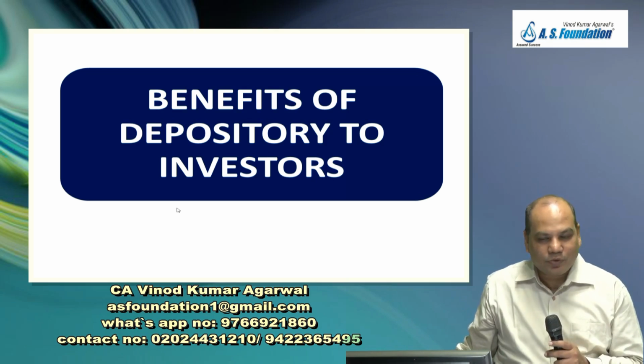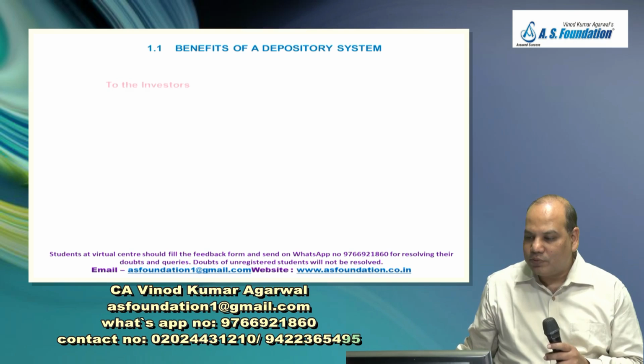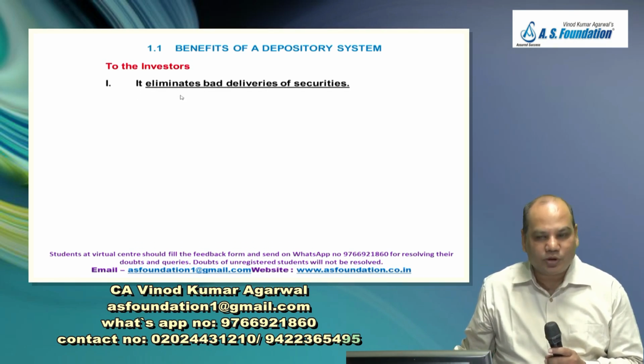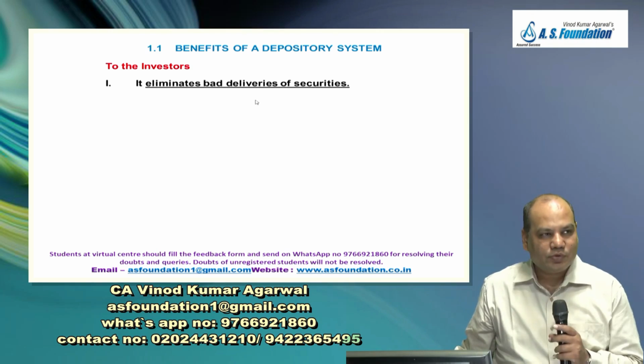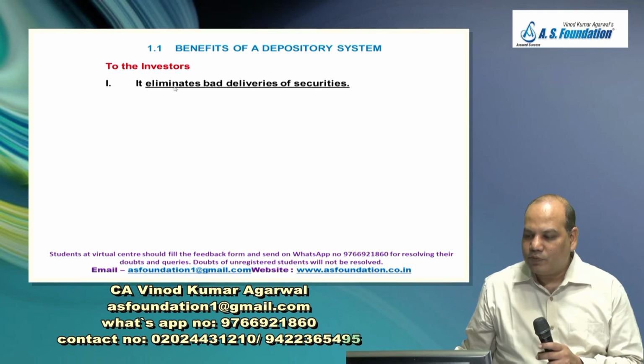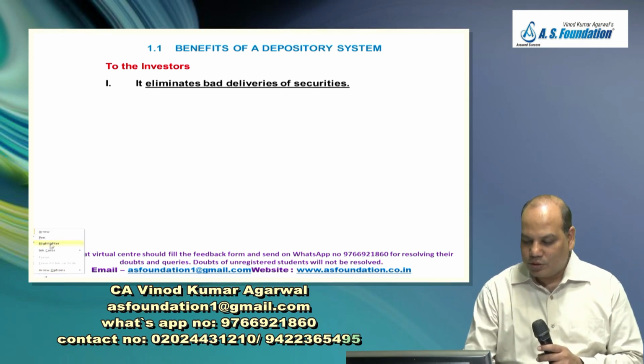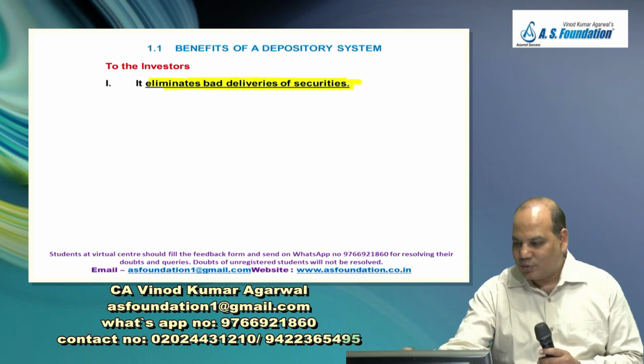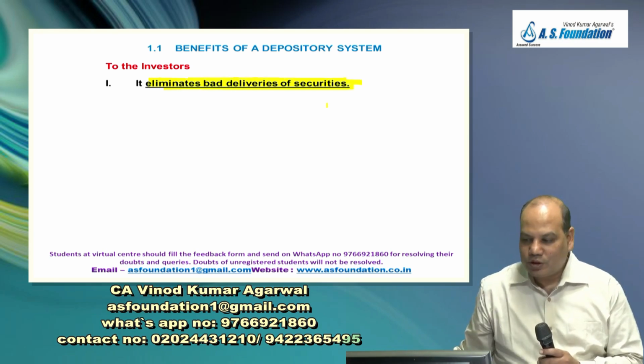So if they ask you benefit to the investor, then you have to write the following are the benefits of depository to the investor. It eliminates bad deliveries of securities. There is no physical transfer of share certificates now. The question of anything going wrong is not possible. Everything is electronically monitored and controlled.